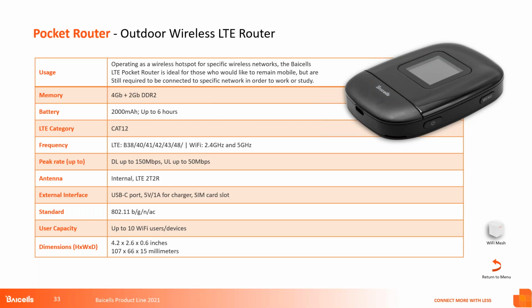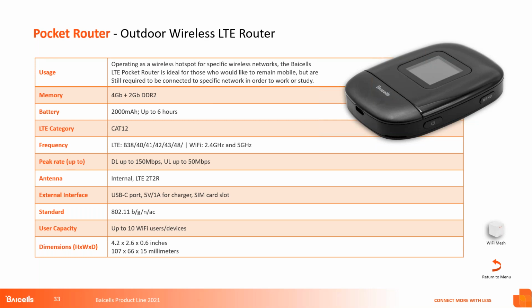We've also come out with our first EUD device, which is our Pocket router. This device is a personal hotspot. So there are a lot of different use cases for this device. It does support 802.11 b/g/n and AC, as well as 2.4 and 5 GHz on the Wi-Fi side, and it has a battery pack.